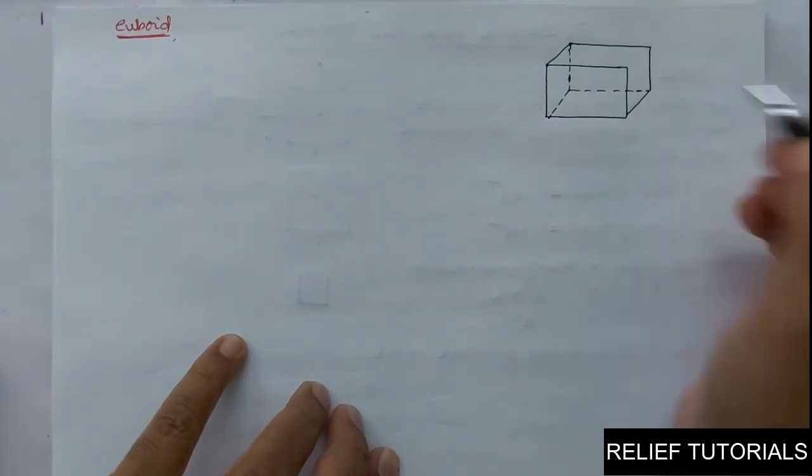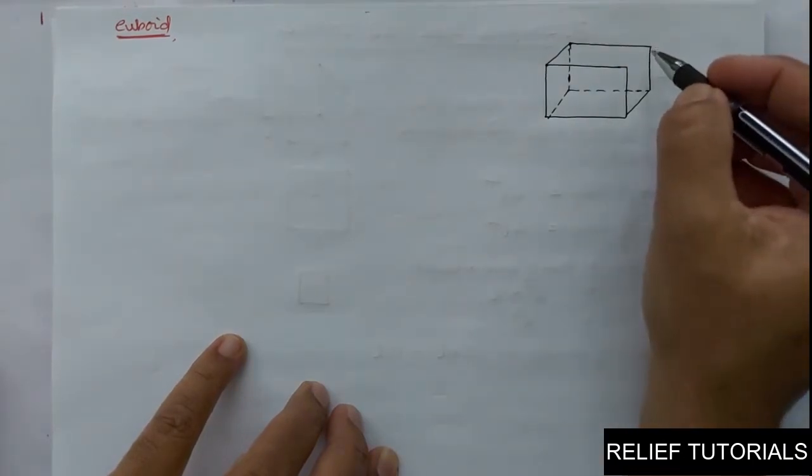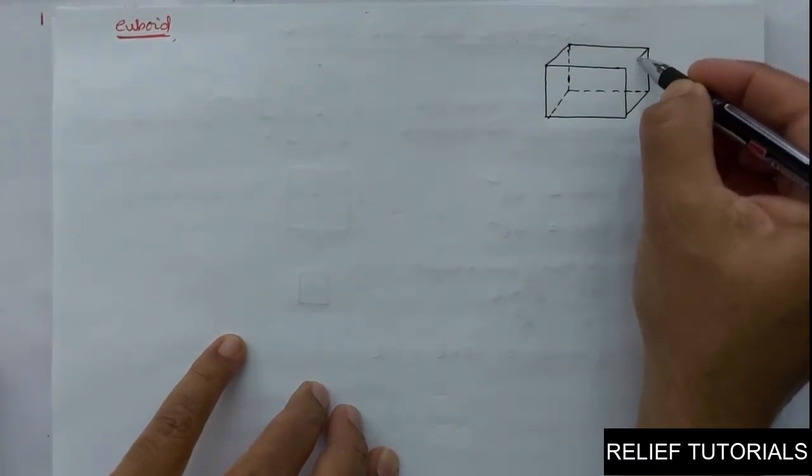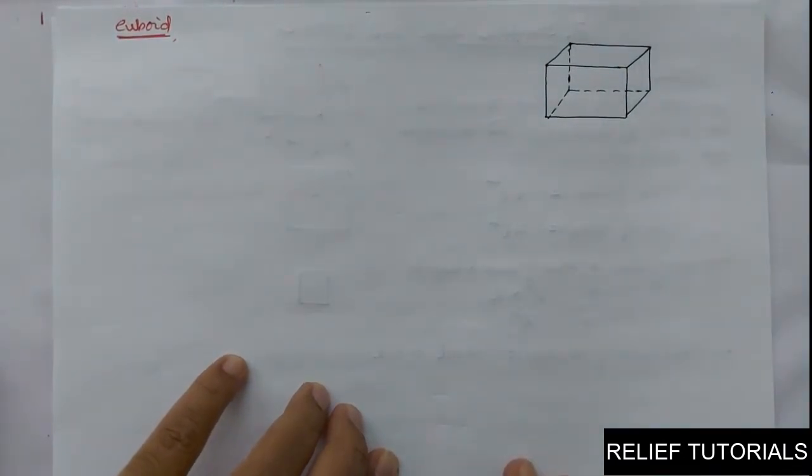See, in this way we will draw a cuboid. Clear? This is a cuboid.